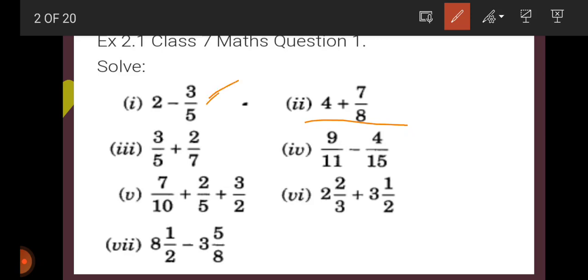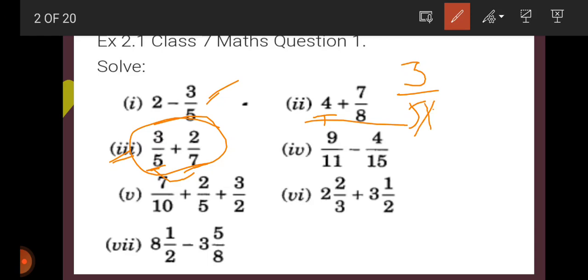And the third part is the same. It is an unlike fraction because the denominators are different. So first we take the LCM of 5 and 7. 5 times 7 is 35, so the LCM here is 35. What should I multiply to get the denominator 35?